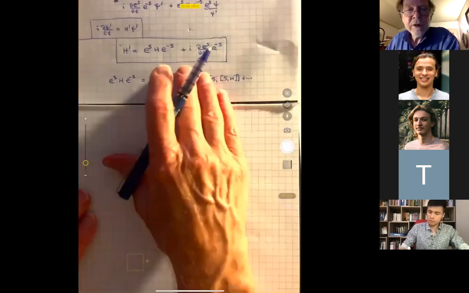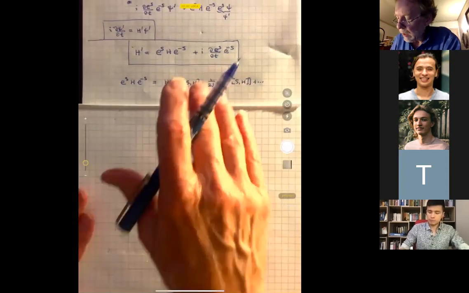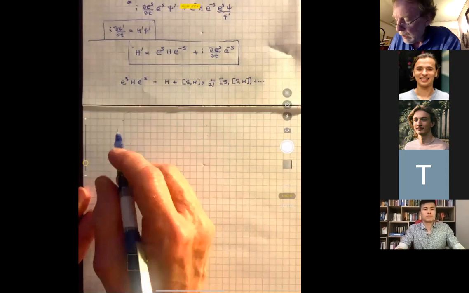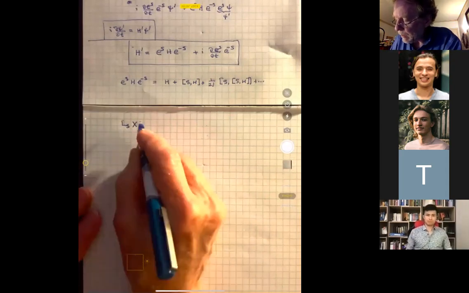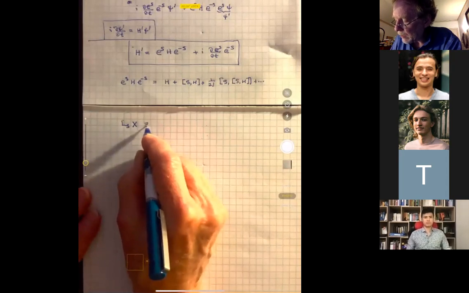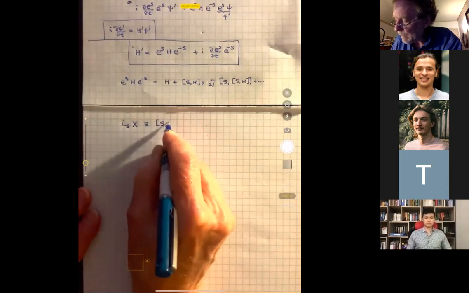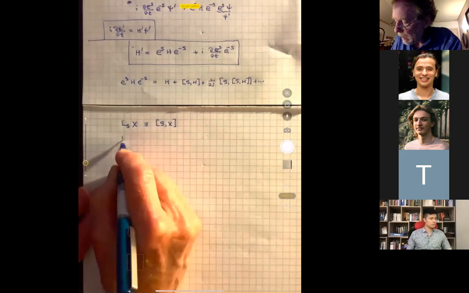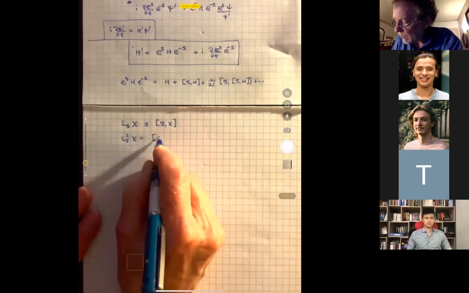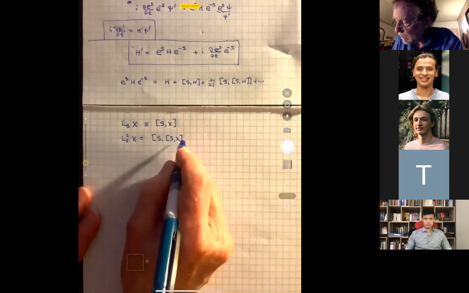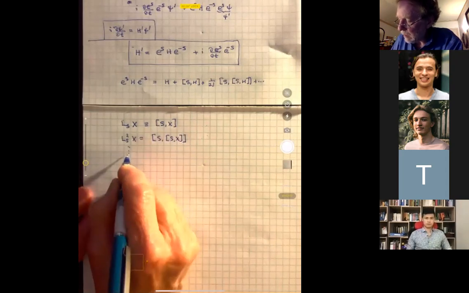It's useful to have some notation for commutators. Let me use the following notation. I'll write L_S X like this. X is any operator. L_S X is, by definition, the commutator of S with X. L_S squared X is the iterated commutator, S with the commutator of S with X, and so on down.